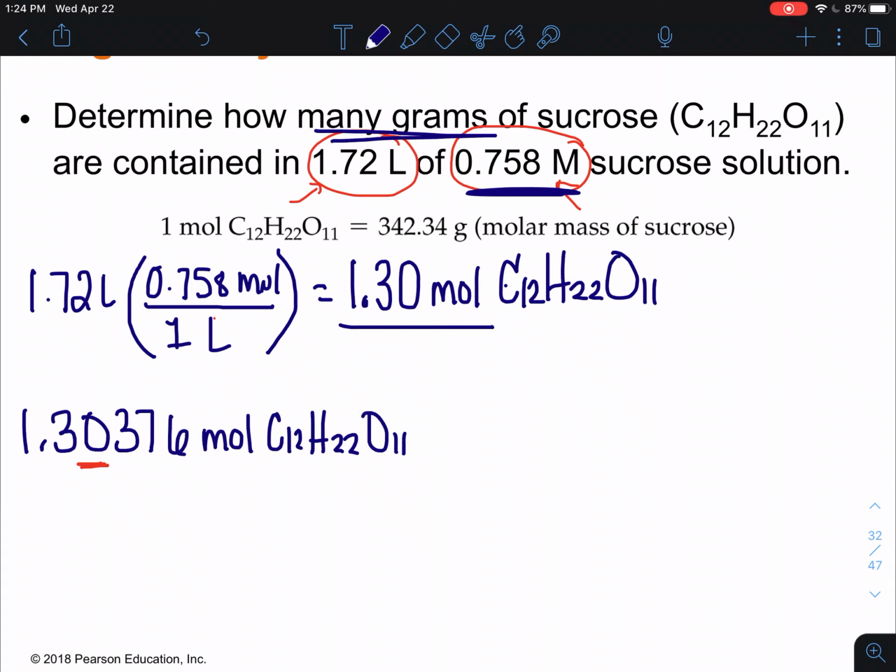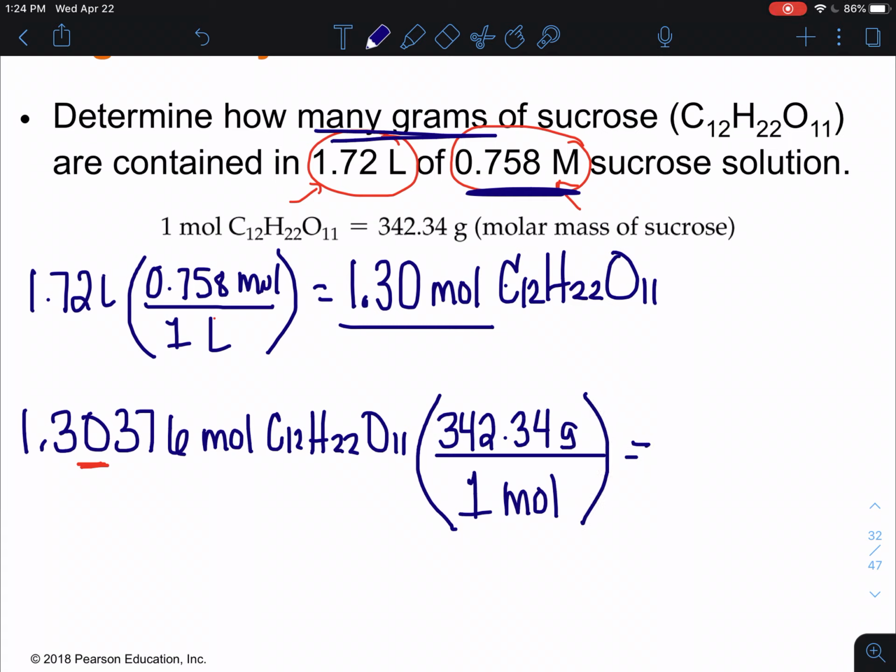Then we use the molar mass of sucrose just to convert to grams. We have mole here, so mole needs to be down here. For every 1 mole of sucrose, we have 342.34 grams.